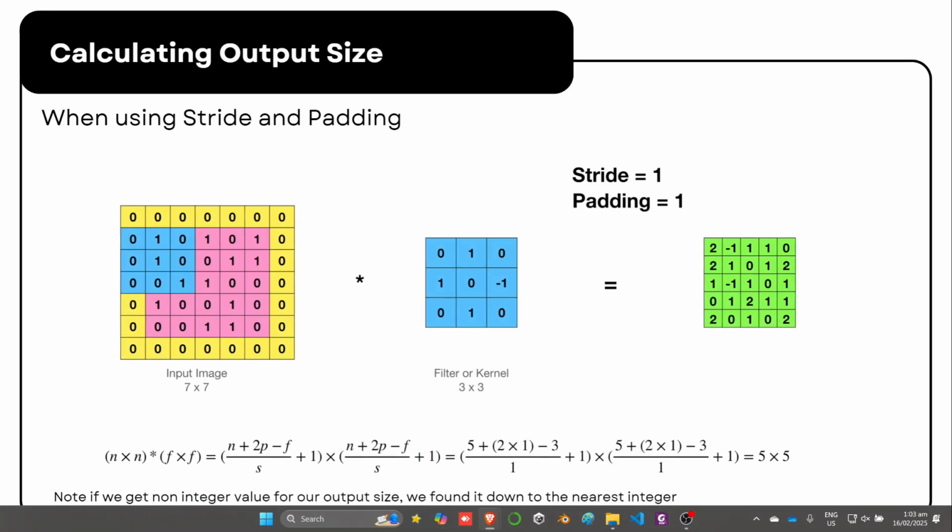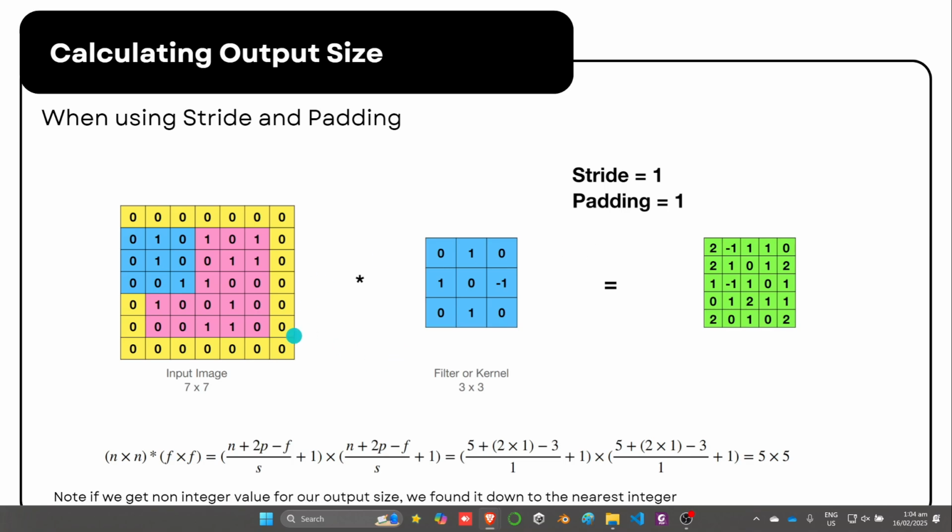But what if we were to use a padding of 1? Let's plug the padding values into the formula and see how it goes. Previously it was 1 for stride and 0 for padding. Now it's 1 for stride and 1 for padding.